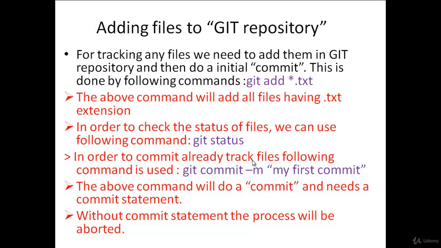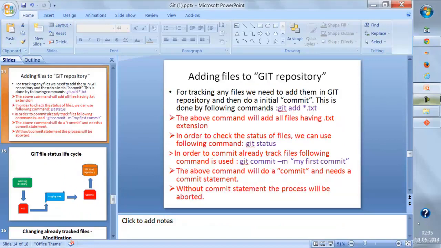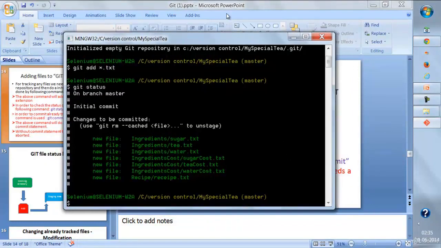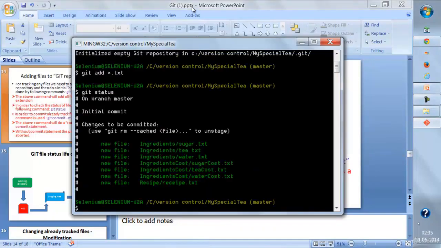So in order to commit these files, the next command that we need to use is git commit. I'll write over here git commit -m, and here I'll give some statement. This statement is mandatory.